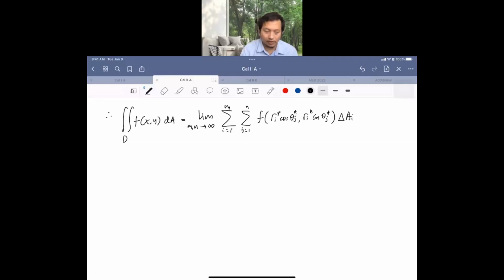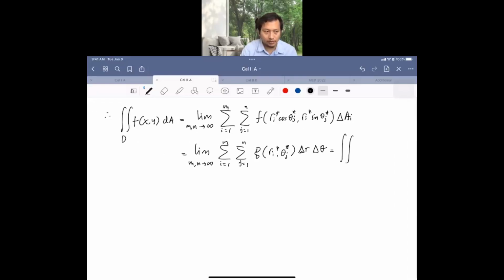Let's say delta A_i. This is certainly the same as the limit of g and then delta r delta theta, or we could say that this is the integration from alpha to beta of g(r, theta) dr d theta.